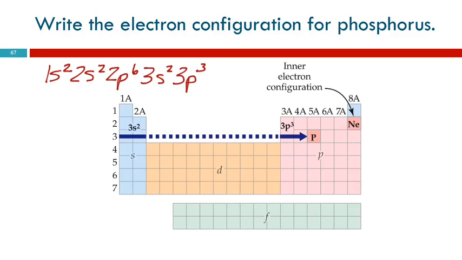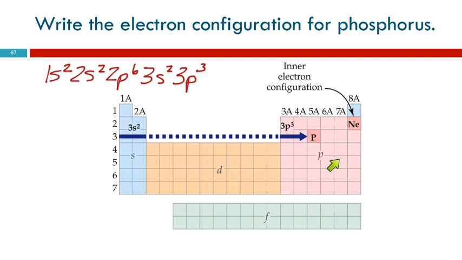It would be great if you all really understand how you see that there are 5 valence electrons. The most important thing, though, is that you be able to look at the periodic table, find phosphorus in group 5A, and tell me it has 5 valence electrons. That part is easy. Understanding this is hard, especially if you've never heard about it before. But very important, phosphorus has 5 valence electrons.